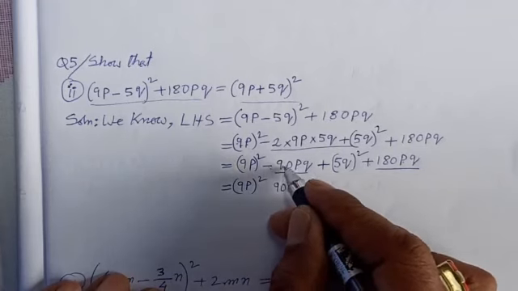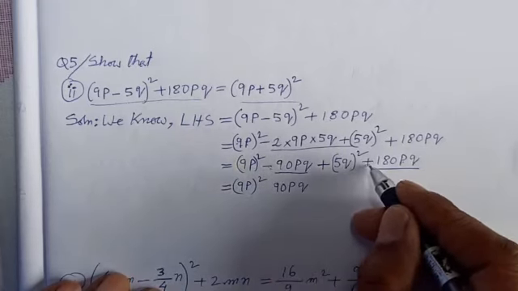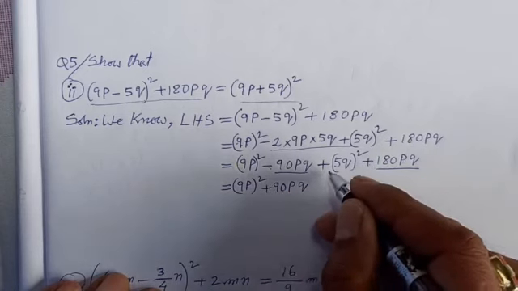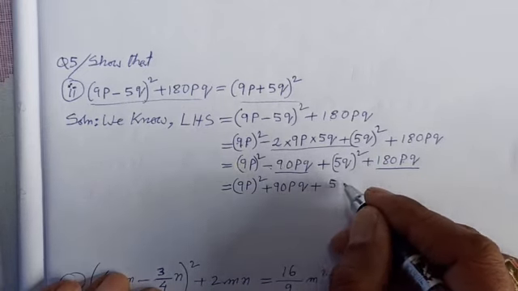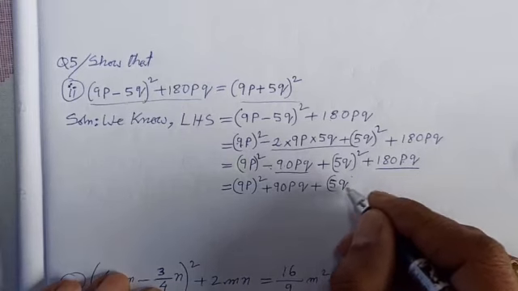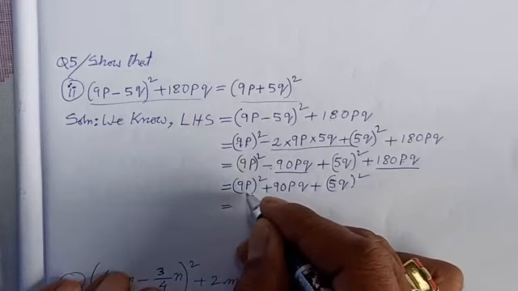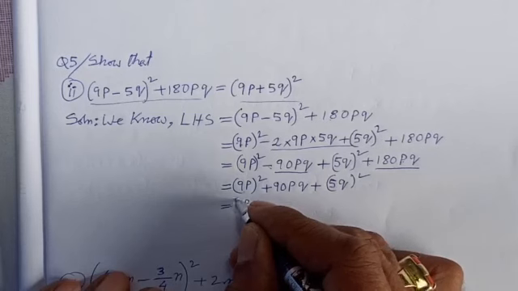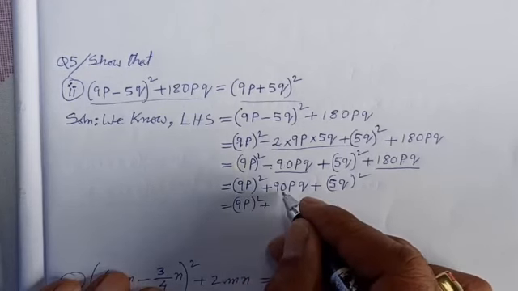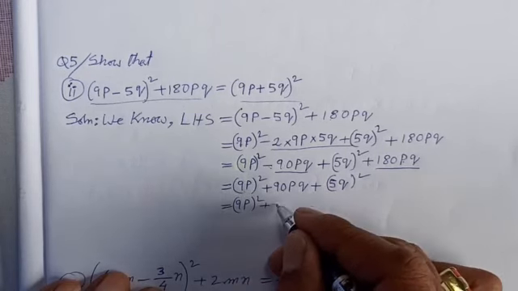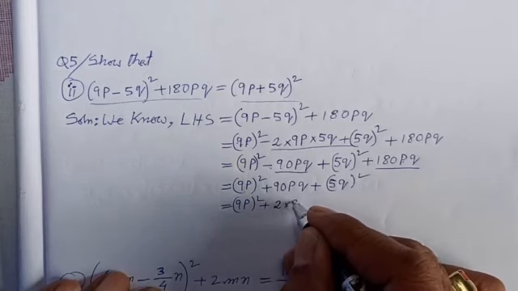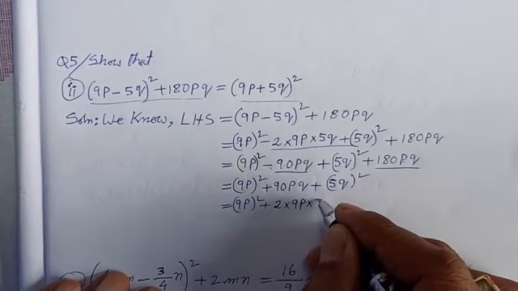180 is bigger, so the bigger sign is plus. Next is plus 5q whole square. Then we write this 9p whole square plus 90pq as 2 into 9p into 5q.